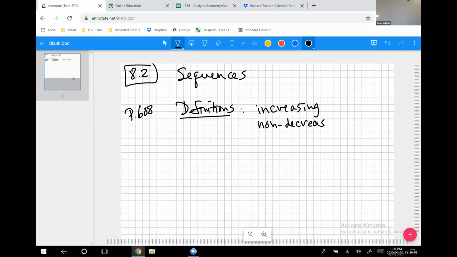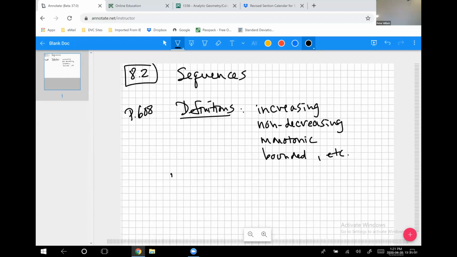And then of course that meant you could do decreasing and non-increasing. And then we had monotonic and bounded. So there are those half a dozen definitions on page 608. And these were used for us to be able to talk about the behavior of a sequence, so that we could use that language to draw conclusions and discuss things.